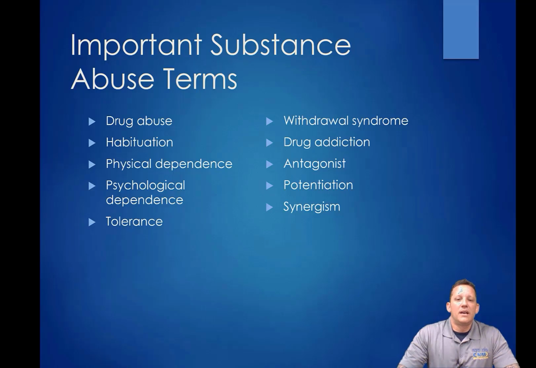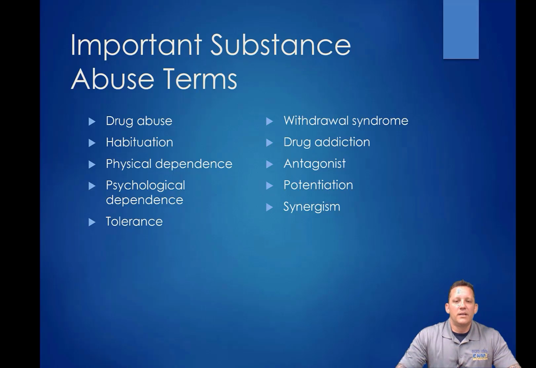Potentiation is, I guess, an action potential, which means that a particular drug or compound will allow another drug to work. And synergy means that these two compounds will work together at a much greater effect than one or the other.